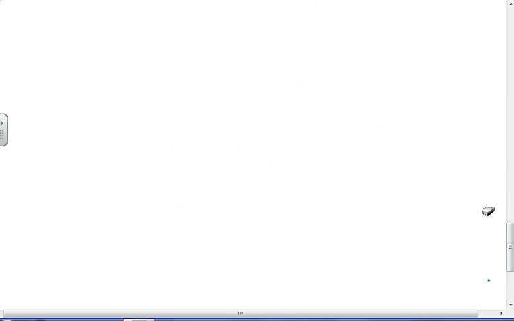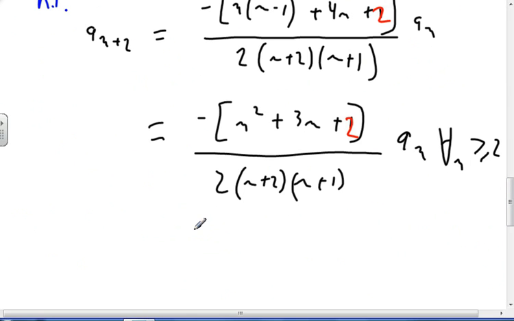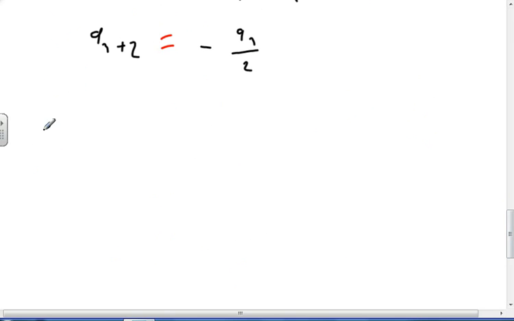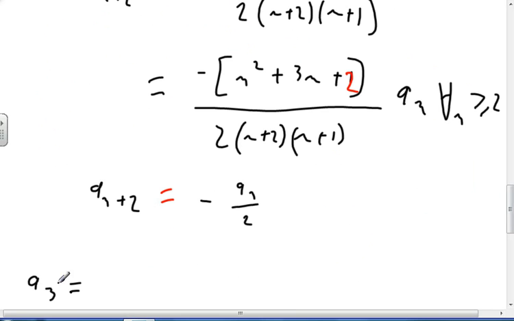Now it is the job of the first row to correct mistakes like that before they go too far. So n plus 2 is going to be equal to minus an over 2. Okay, so A3, we already know what A3 is, right? A4, because this is for all n greater than or equal to 2.